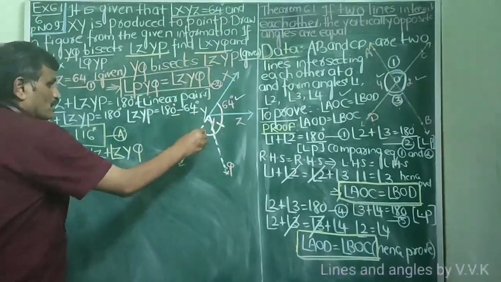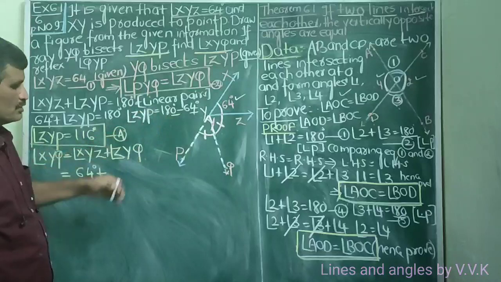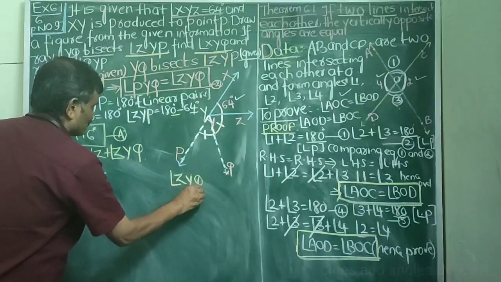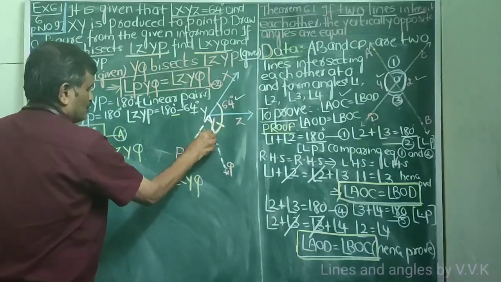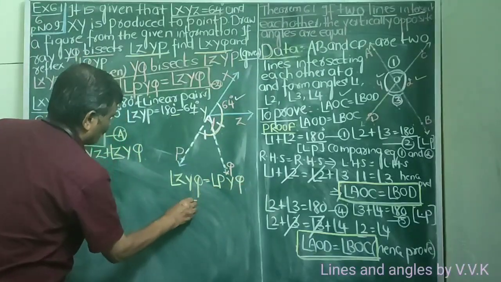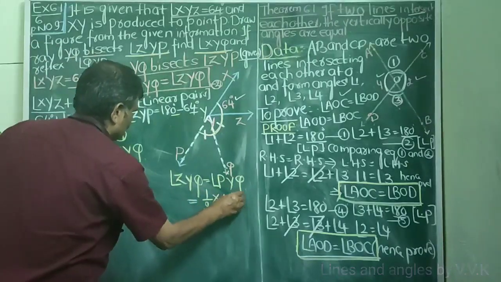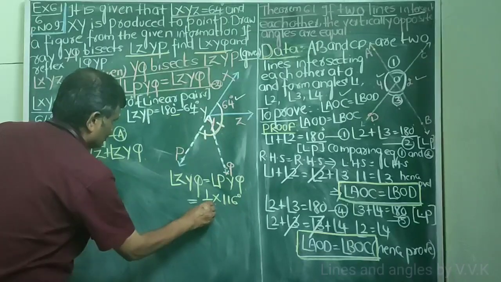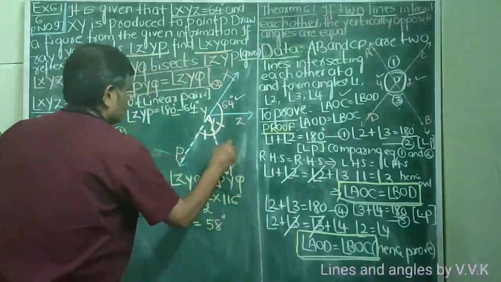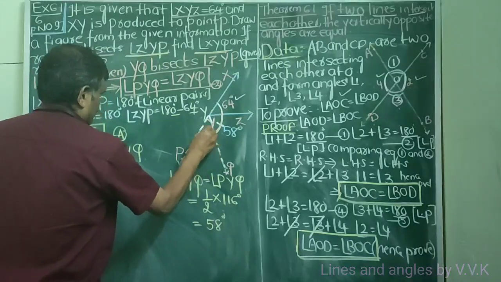So angle ZYQ and angle PYQ are both equal to half into 116, and half of 116 is, 2 5s are 10, 2 8s are 16. So this is 58 degrees, and again this is 58 degrees.